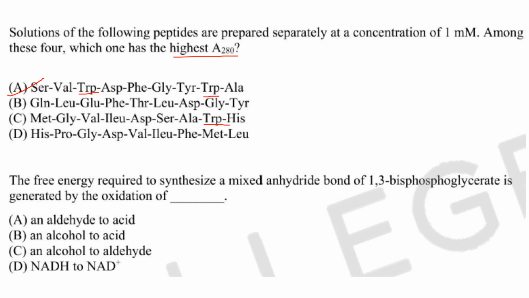So here an aldehyde is getting converted to an acid. Which is the aldehyde? Glyceraldehyde 3-phosphate. It is getting converted to the acid 1,3-bisphosphoglycerate.